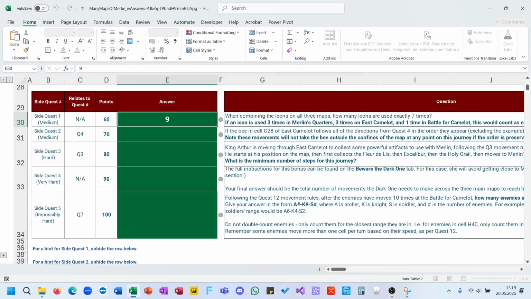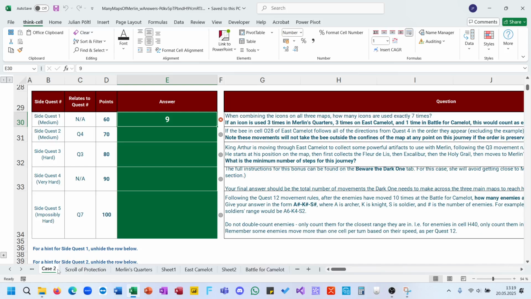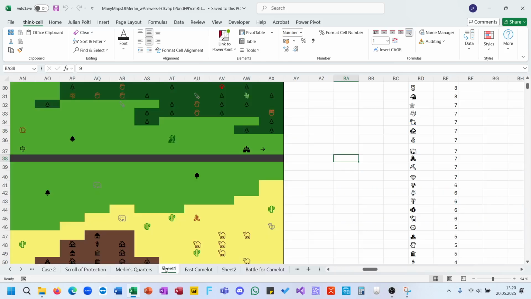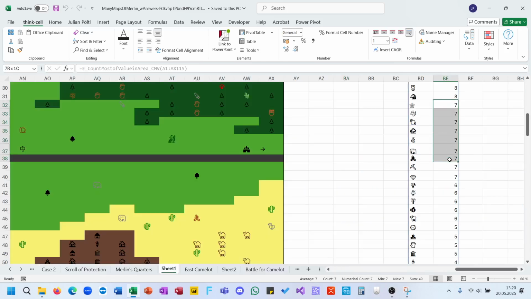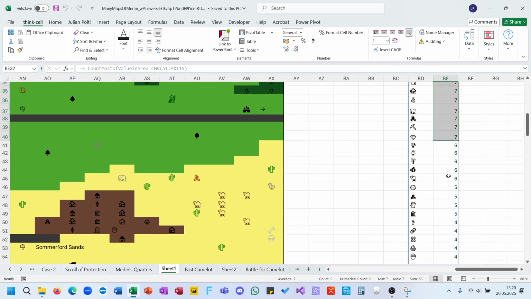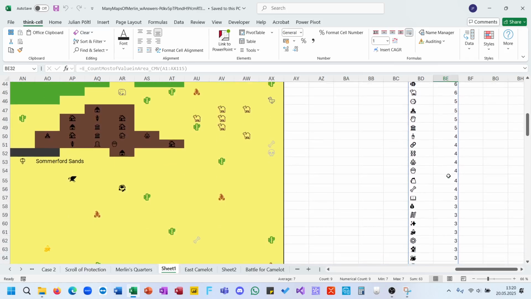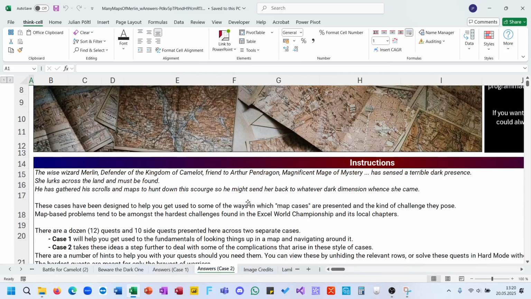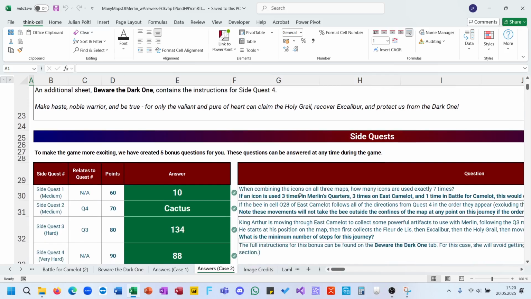And 9 is wrong. I'm reasonably sure that it's 9. It's saying 10. Oh boy.